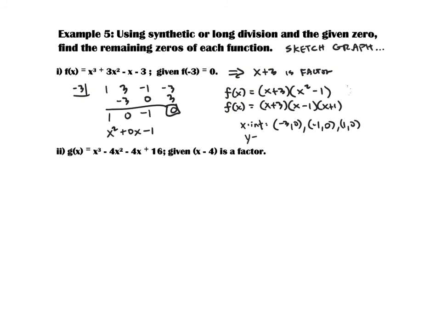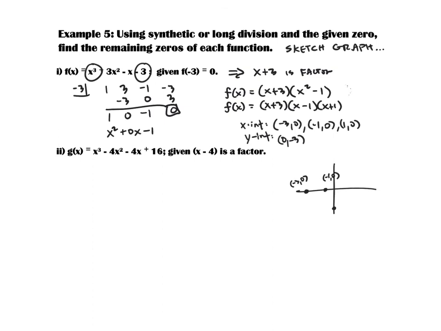I also have a y-intercept. I'm going to look at the original equation: negative 3. And now I can sketch this graph. Okay, this isn't going to be perfect, but I'm going to sketch this graph based on the fact that this is a positive leading term, odd power. So I'm going to have zeros at negative 3, 0, at negative 1, 0.